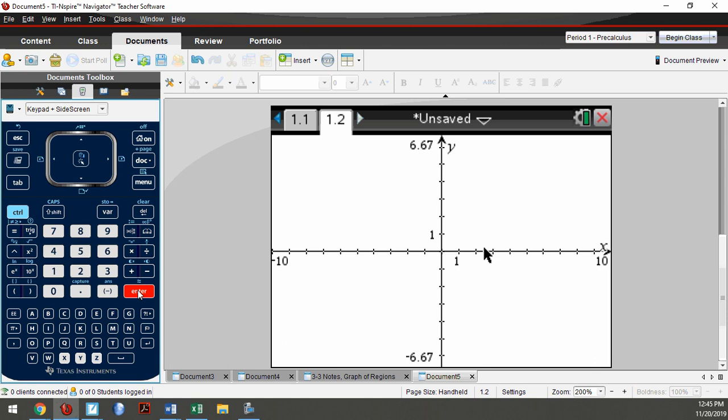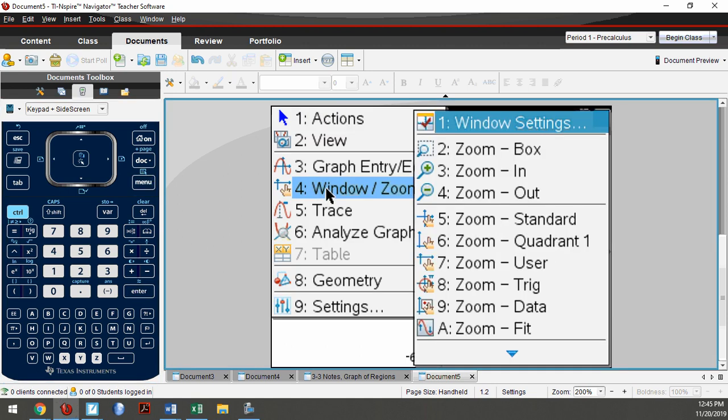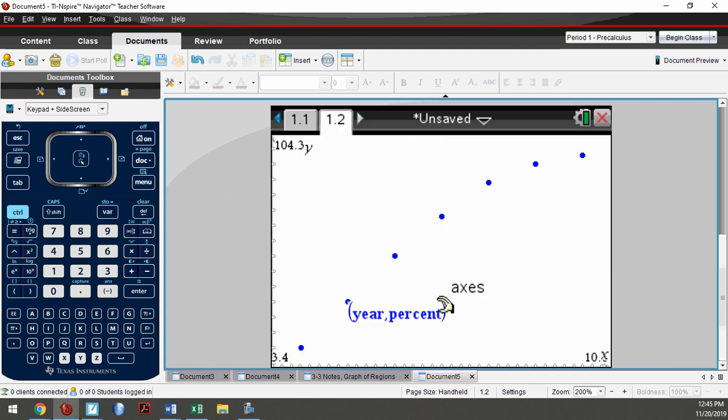Why can I not see it? The graph window is too small, so how do I get my scatter plot in its complete view? Menu, window zoom, and then 9 for zoom data. Do we see all of our data there? Now, it looks what? It looks like it's linear.